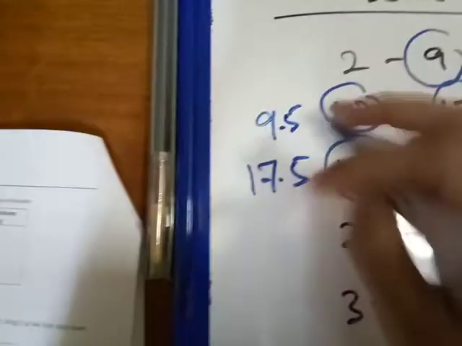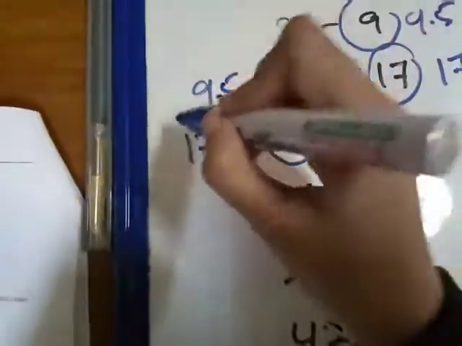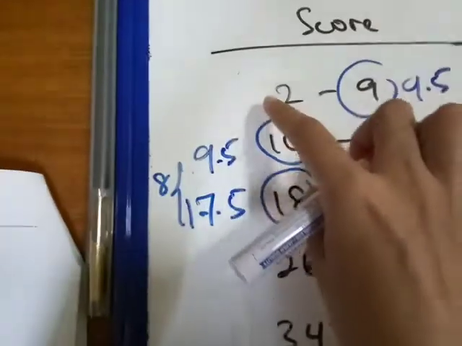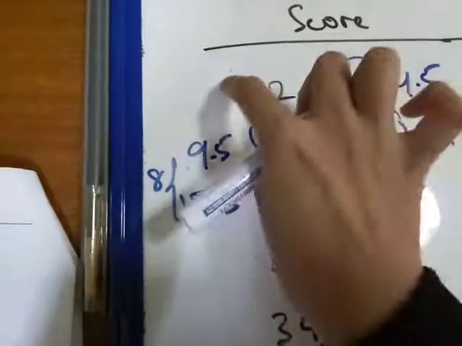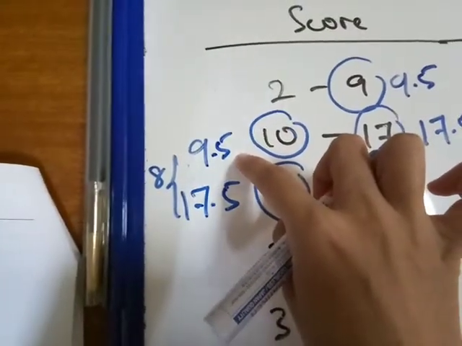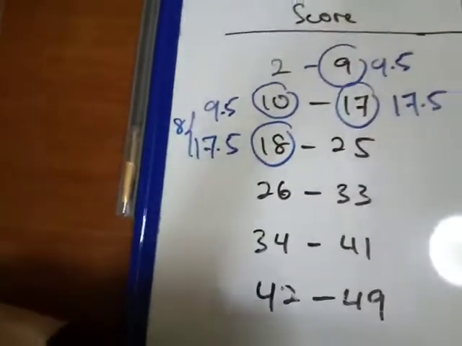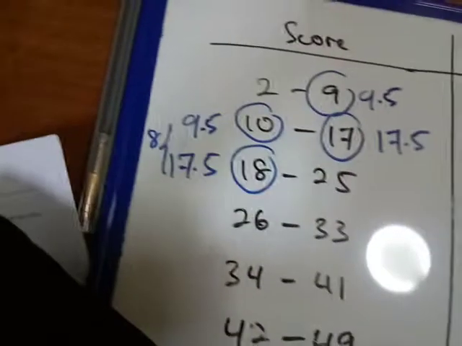So kalau awak kira 17.5 minus 9.5, awak akan dapat 8 sebenarnya. Class size dia 8. So boleh tak kita nak dapat the lower boundary for the first class? Boleh. 9.5 minus 8.